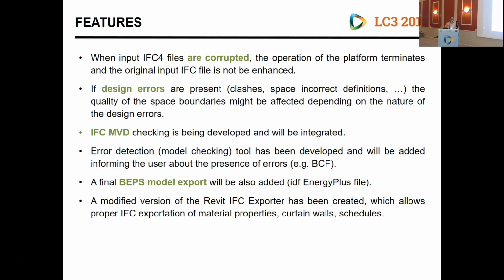And this tool will be integrated in the future into the platform, and then we will also generate a building energy performance simulation model at the end, which is going to be an IDF of EnergyPlus 5. Also, in order to do that, we modified the Revit exporter in order to support material properties, curtain walls, and schedules of devices.